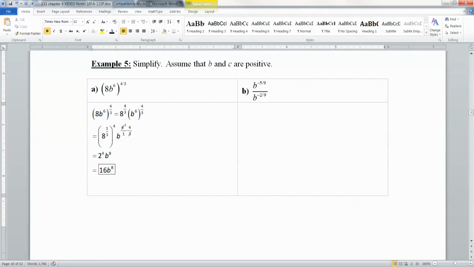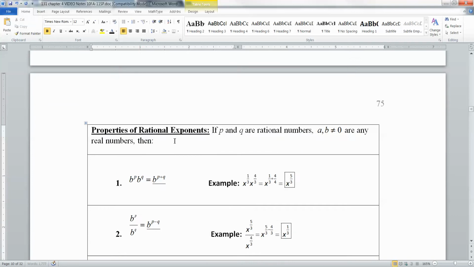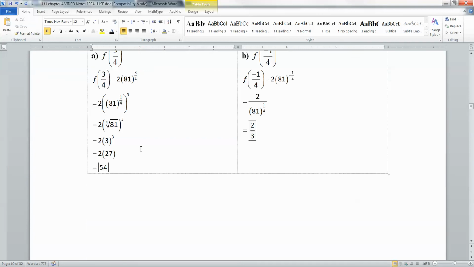So we might want to make a note to ourselves. Note, for the variables, use the power rules on this page. The numbers, use the definition of rational exponents on page 73. Page 75 was the properties.